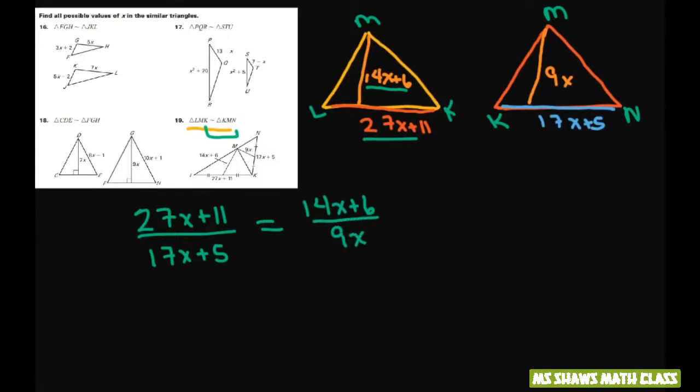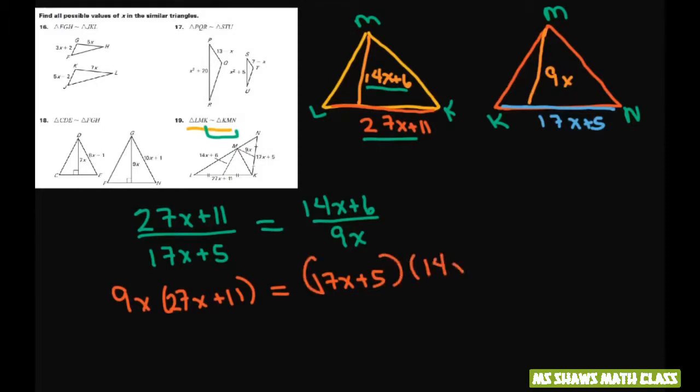And then cross multiplying, we get 9x times 27x plus 11 equals 17x plus 5 times 14x plus 6.